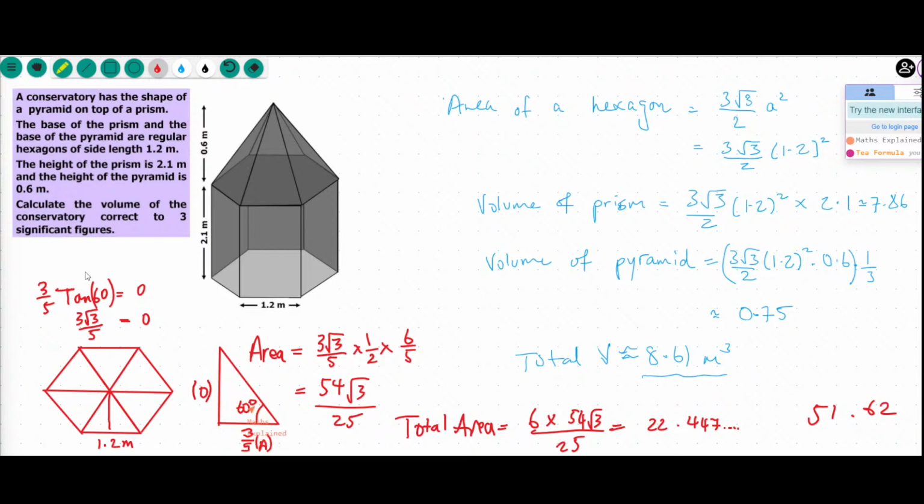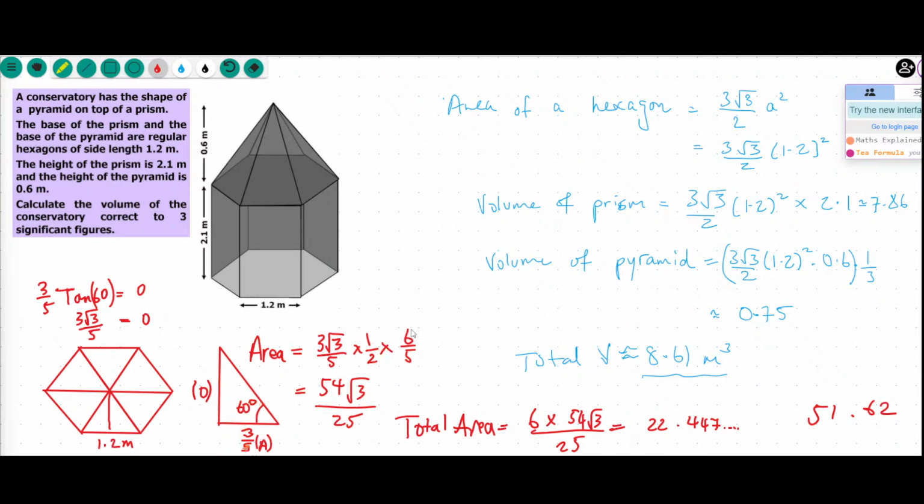Oh, right. 3 of 5. Okay. Area is a half, and then 6. That's the opposite, and then 6. Oh, is that what it is?